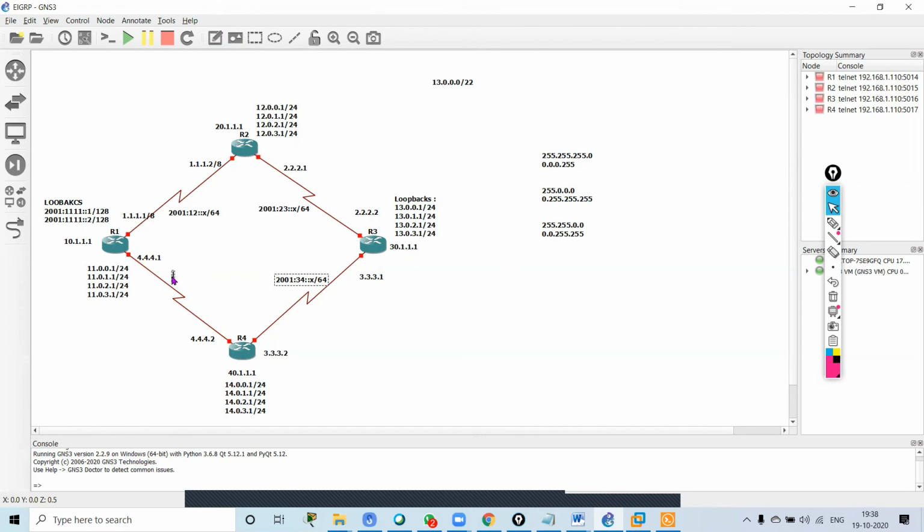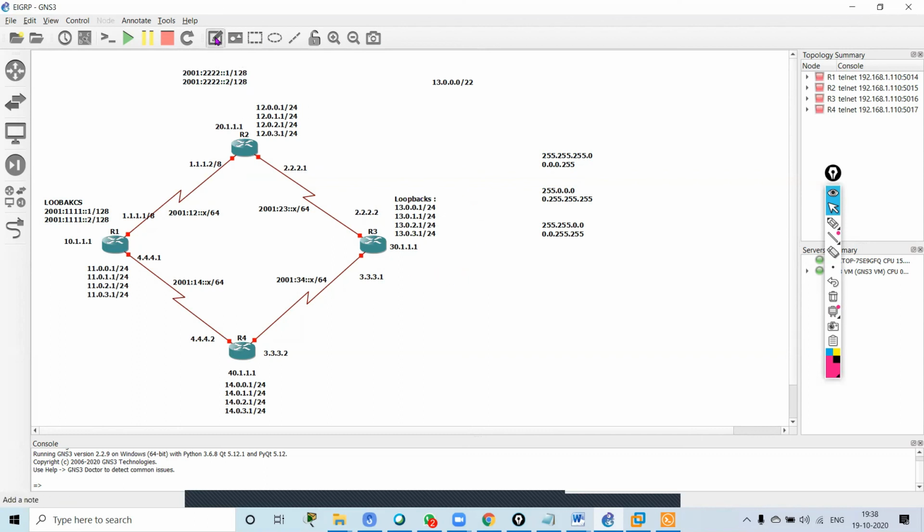Here you will be using 14 or 41, whatever you like. So I'll be using 14:X/64. This is the IP addressing scheme. And here also you can create some loopbacks like 2001:222::1/128, 2001:222::2/128.